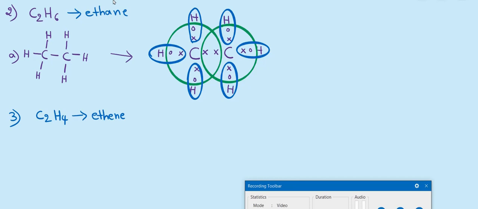So how do we write this ethene structure? The carbons contain a double bond here, and the remaining two are shared with hydrogen atoms, right, like this. This is the structure of ethene.